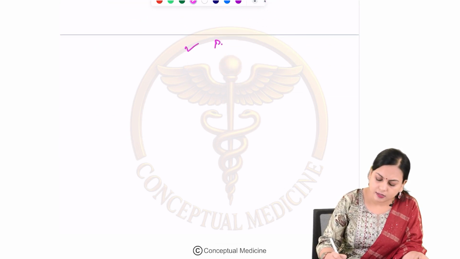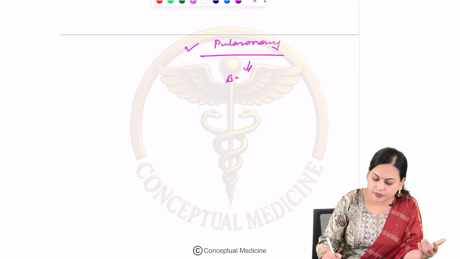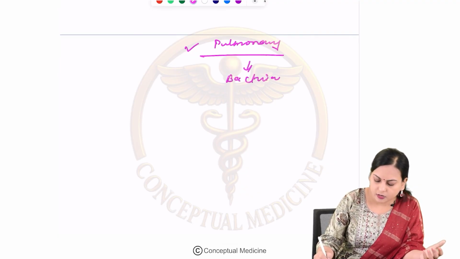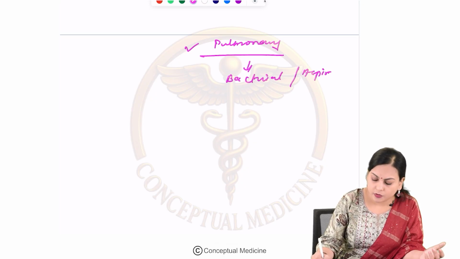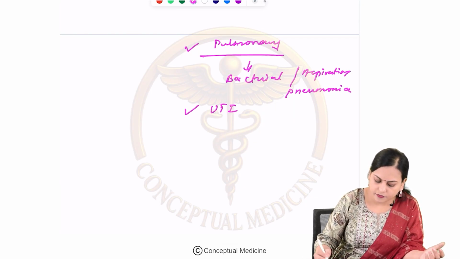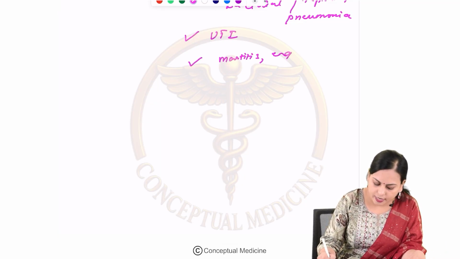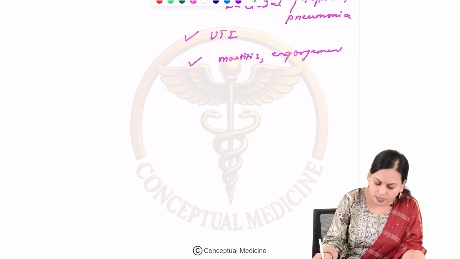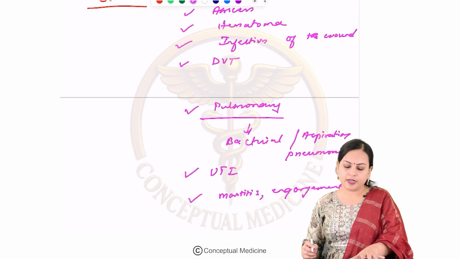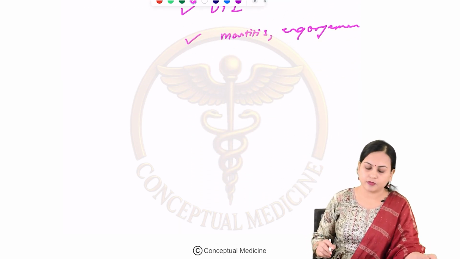Just now we have seen pulmonary complications also. For example, if there was a bacterial or aspiration pneumonia, or there was a urinary tract infection, and breast conditions also, like if she had mastitis or engorgement. So all these factors should be carefully assessed so that we will be giving appropriate management, right?